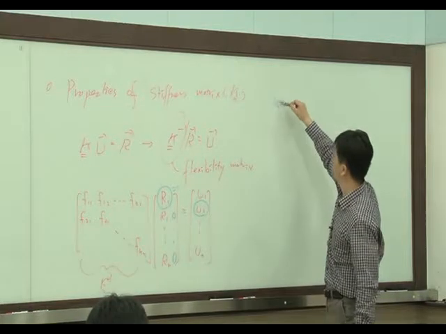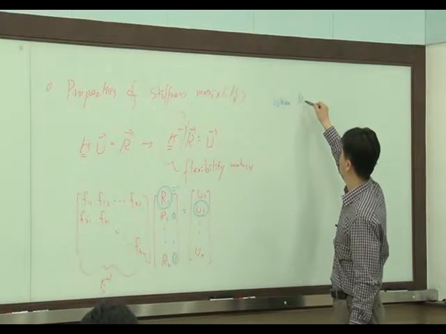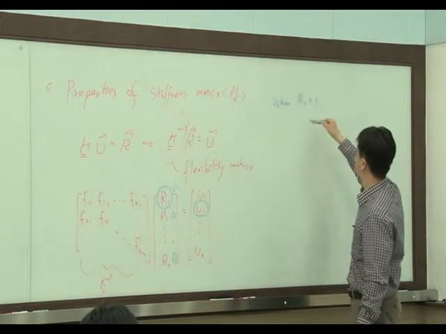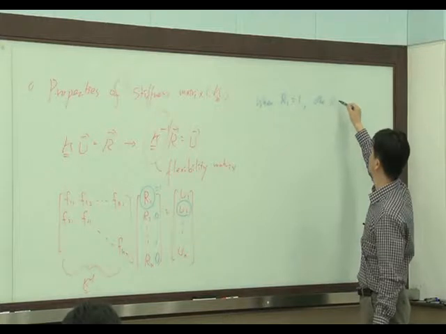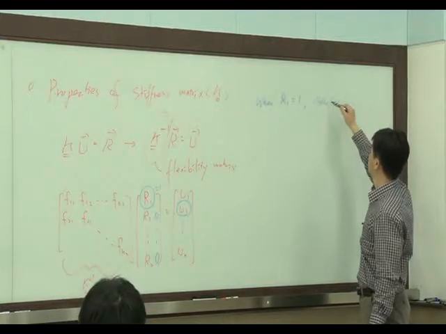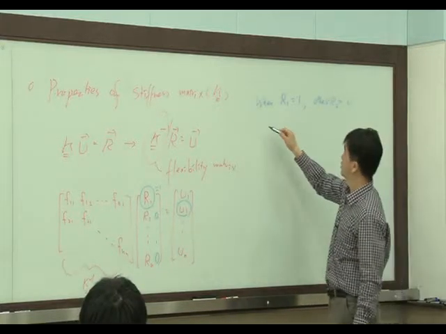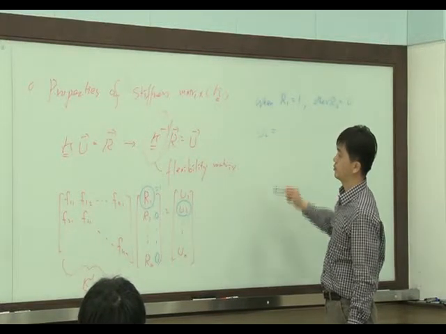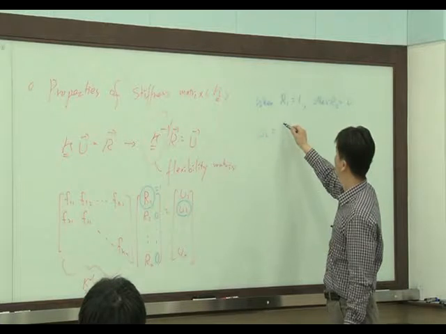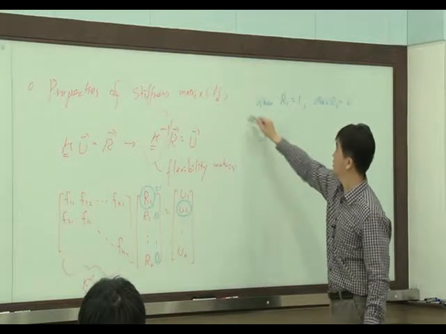So when R1 equals 1 unit and the other R equal 0, U2 becomes F12, right?